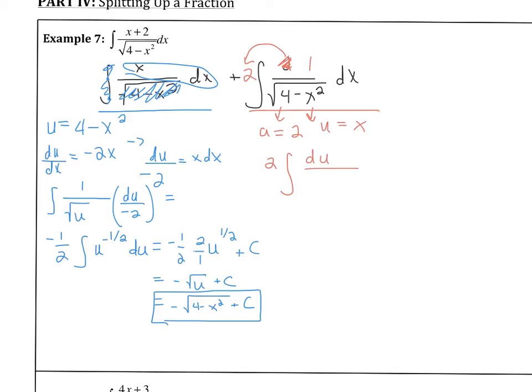And then you're going to have root a squared minus u squared, but you could probably even skip this at this point, if you're feeling comfortable with it. So that's going to be 2 arc sine u over a, I'll write it, sure, u over a plus c.